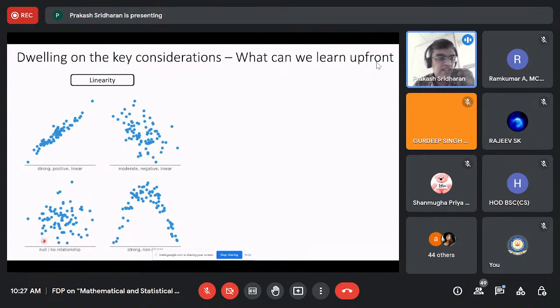Here is a case where there's absolutely no relationship. You can fit a line anywhere here, it is never going to fall in the middle of all the points. There's no way you're going to be able to fit a line that will cover all these points. This is something that you will encounter very commonly in real life data. Let's say you fit a line here.